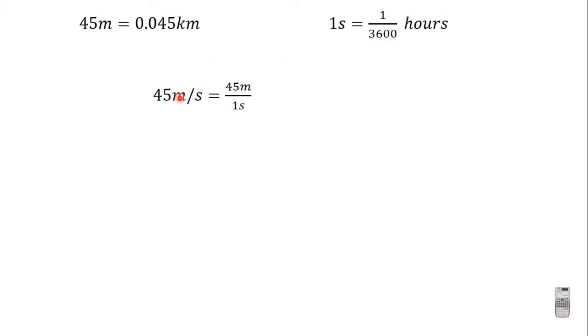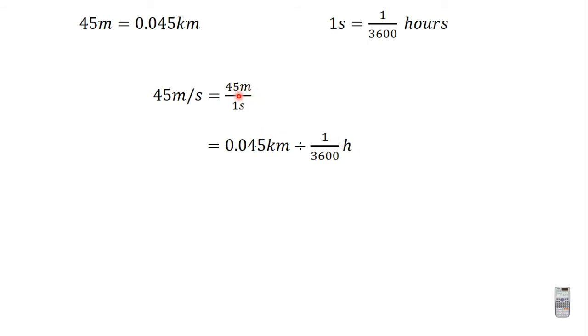We know that 45 meters per second can be written as 45 meters divided by 1 second. 45 meters is now 0.045 kilometers. 1 second is now 1 divided by 3,600 hours.